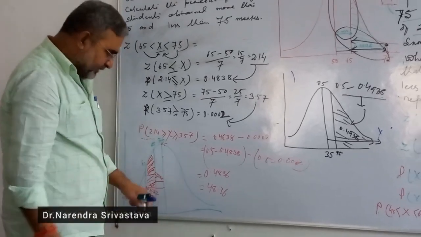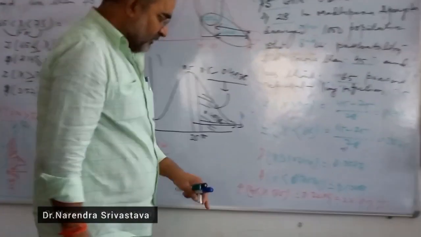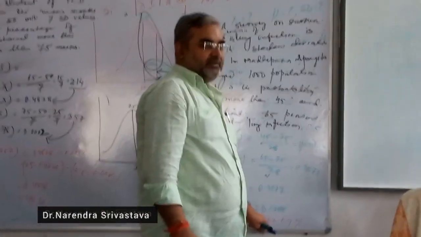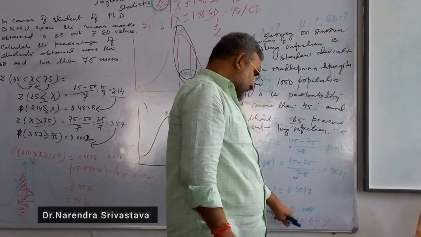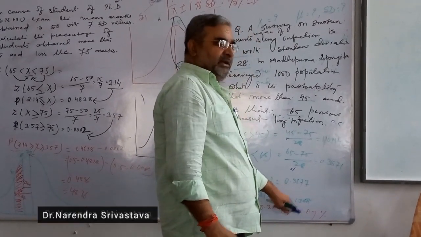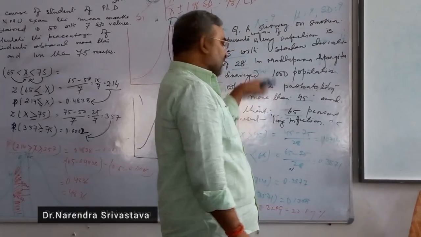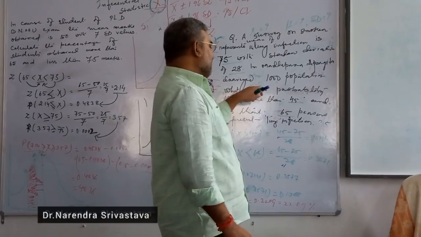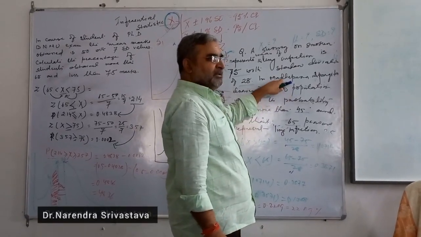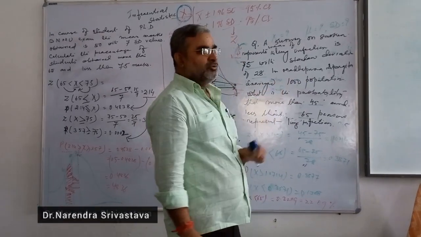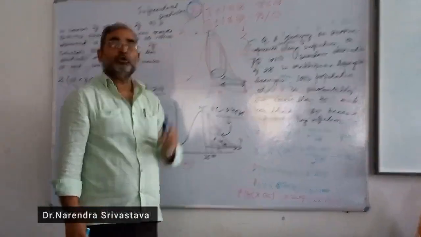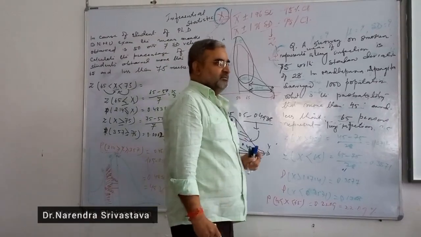The actual percentage is 22.09%. If 22.09% is the probability, then the chance of persons infected in the 1,000 population is 220. Clear?